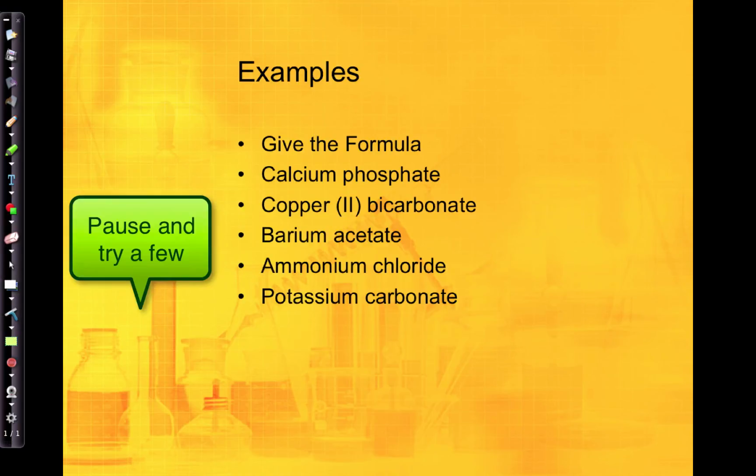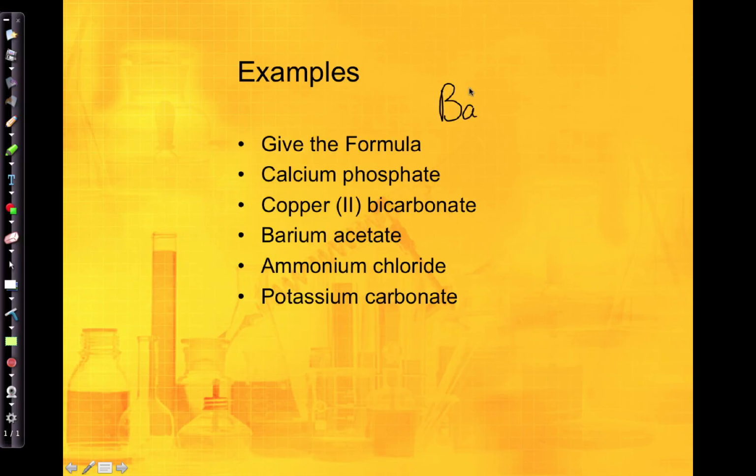Barium acetate. Barium is a metal, so I need to look at the charges. Barium's in group 2, so it has a +2 charge. It's a coincidence. Acetate, it's one of those long, funky ones. It is C2H3O2 with a -1 charge.